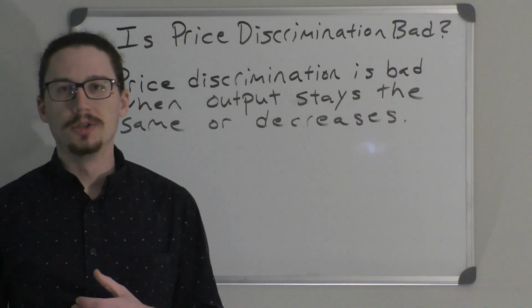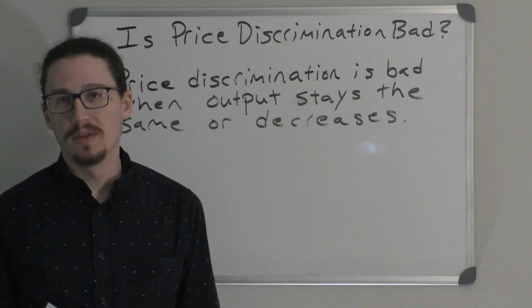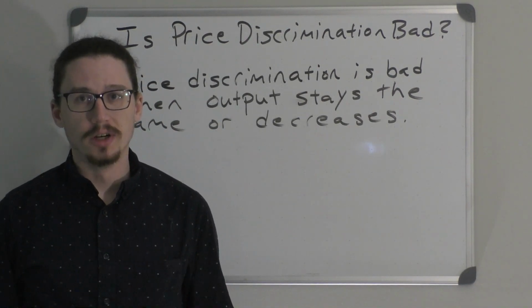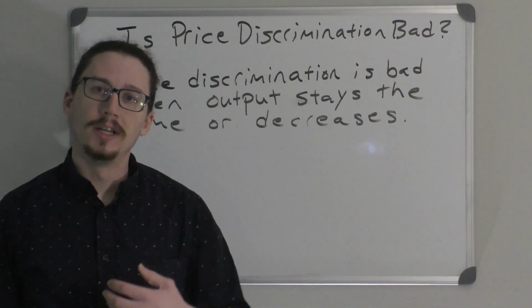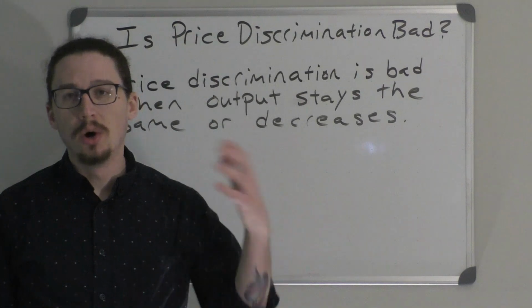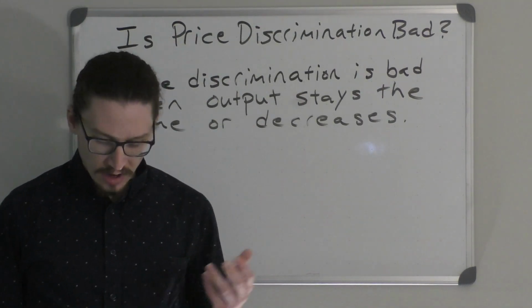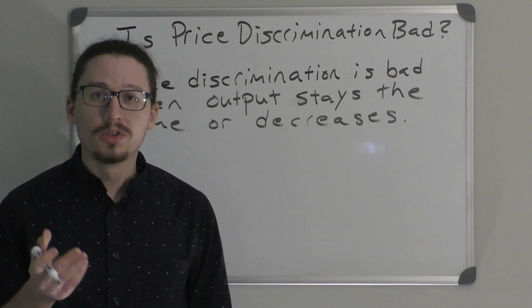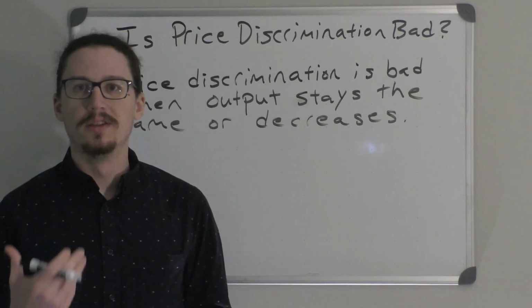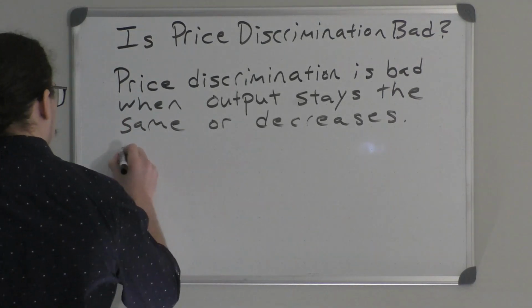If price discrimination doesn't allow the firm to increase their production, or if they just don't increase their production, that's when price discrimination is not going to be good. That's usually going to result in an overall loss of surplus, a decrease in total surplus. However, if quantity increases, that usually corresponds with an increase in total surplus.